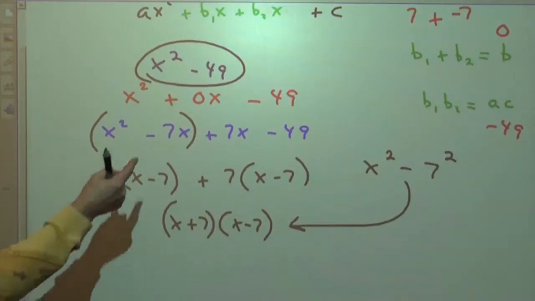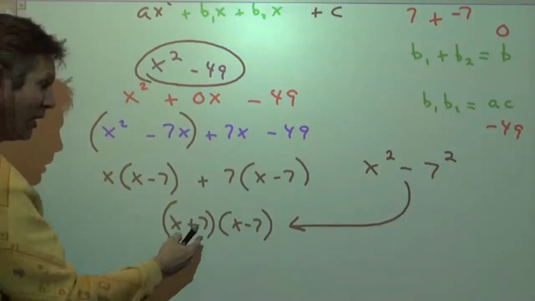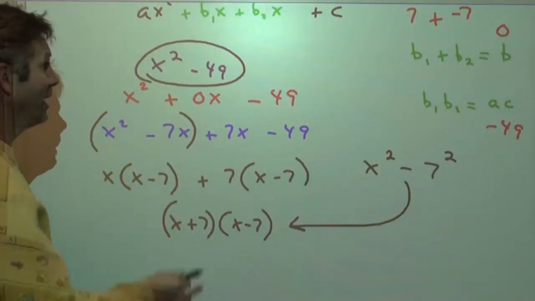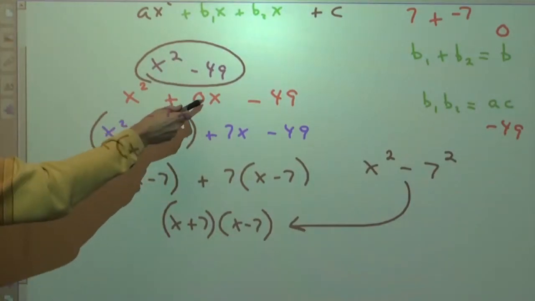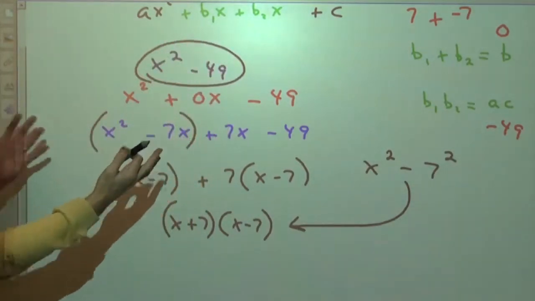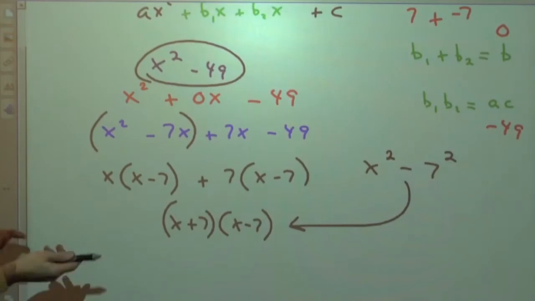So as soon as you can recognize that that's a difference of squares, you can go right to the final answer. If you don't, hey, add the linear term, everything's going to be fine. Use the approach we've talked about, you're going to get to the right answer.